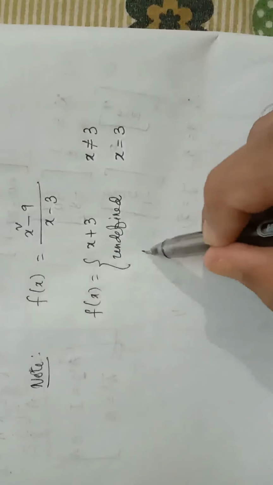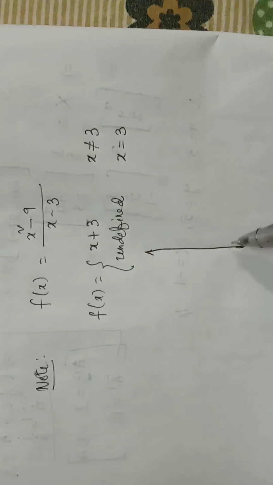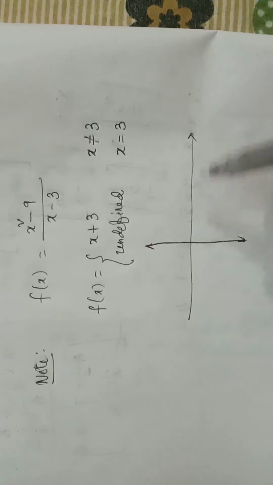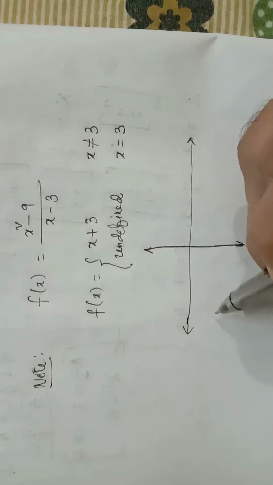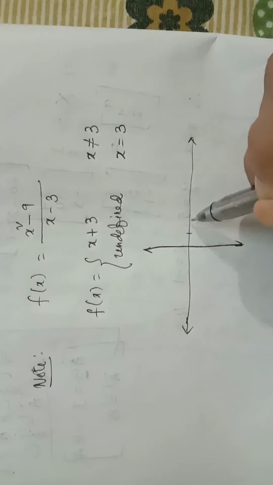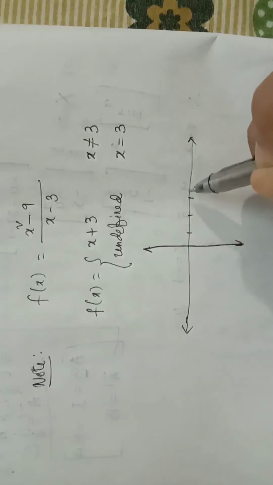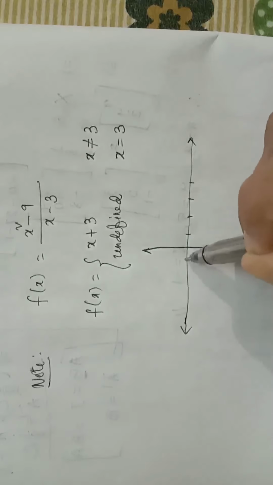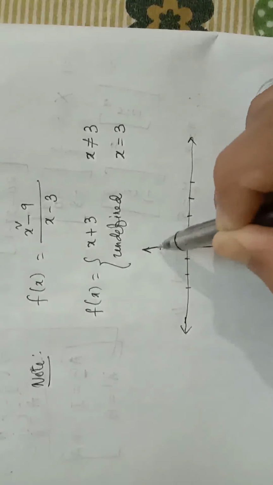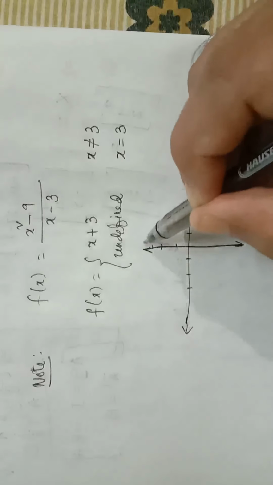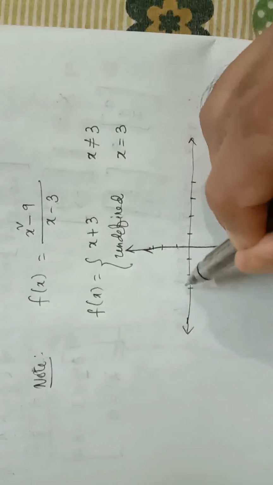Now if we draw the graph of the function, the graph will be like this. So 1, 2, 3, 4, minus 1, minus 2, minus 3, 1, 2, 3.